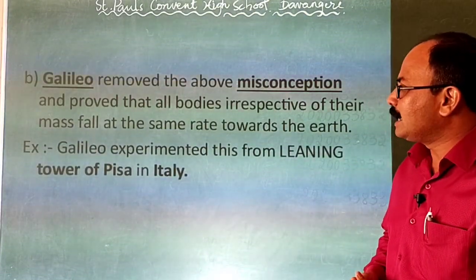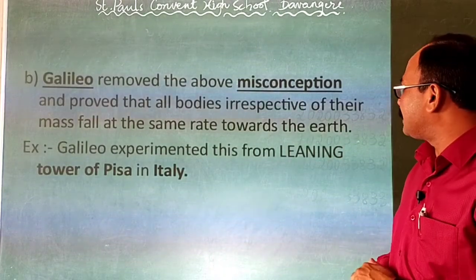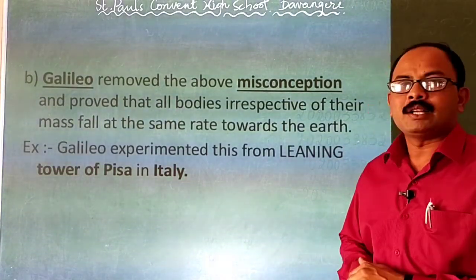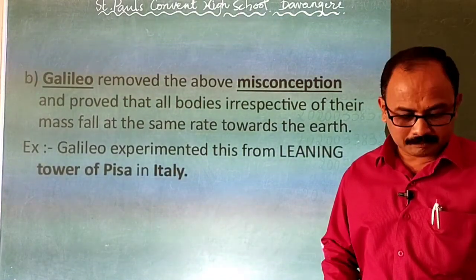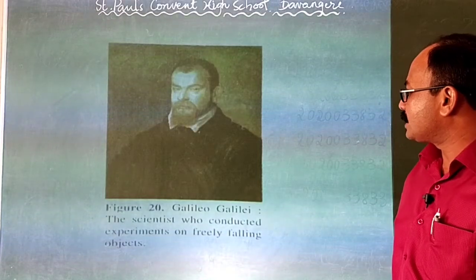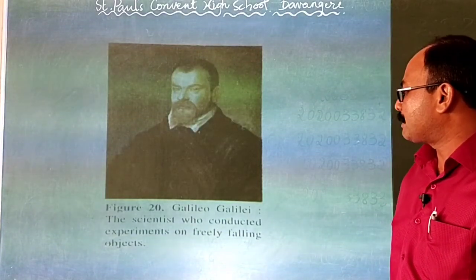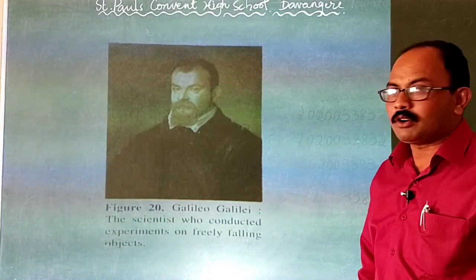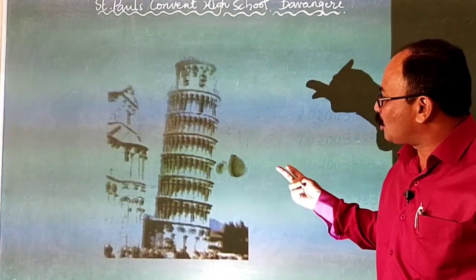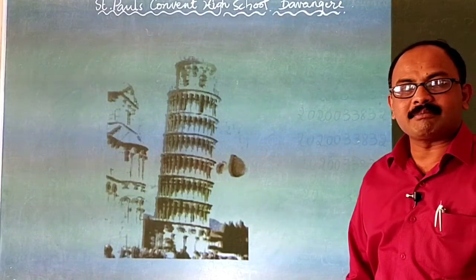Galileo proved this experiment from the Leaning Tower of Pisa, which is in Italy. Galileo, the scientist who conducted experiments on freely falling objects. Both the objects fall at the same rate.